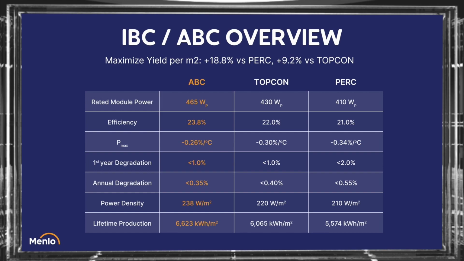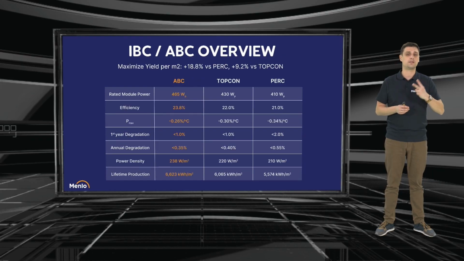You see the 50 watts of difference. 1%, 2% in efficiency gives us 50 watts in power. That's quite a difference.